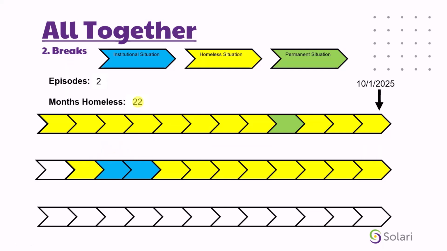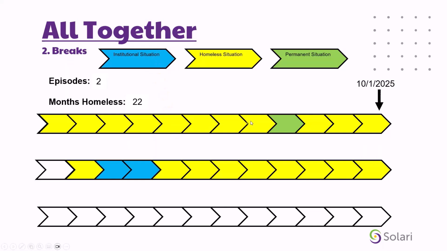Now this can get kind of specific, and we'll touch base on some of these rules later. But because this institutional stay represents 2 months or approximately 60 days, this does not constitute a break in homelessness, because if you recall, a break in homelessness due to an institutional situation is for stays of 90 days or more.